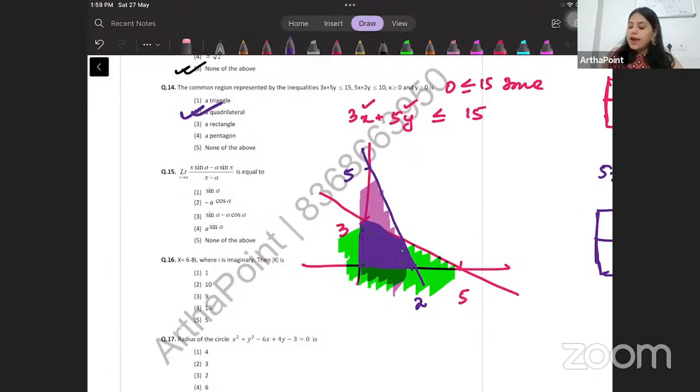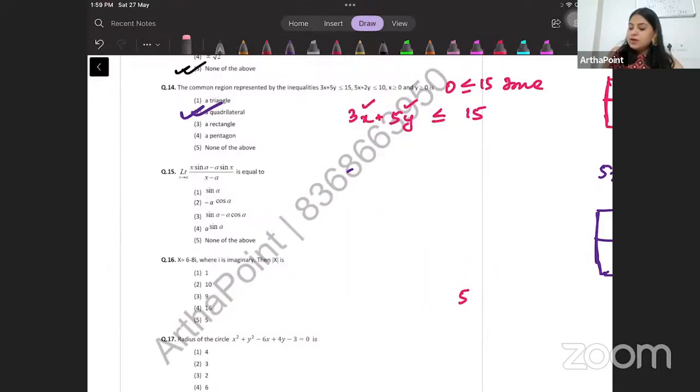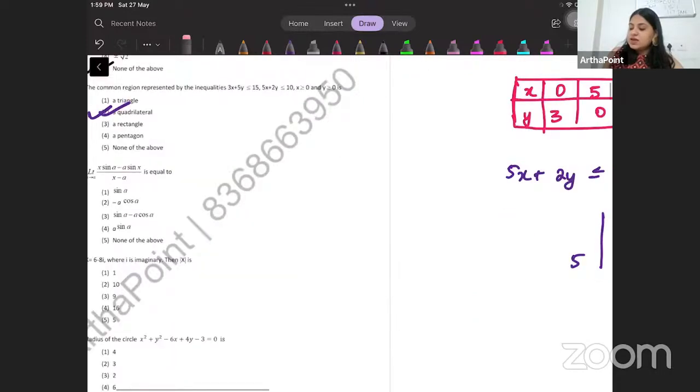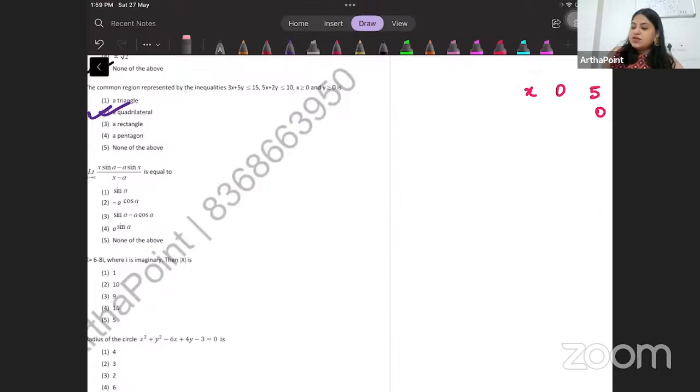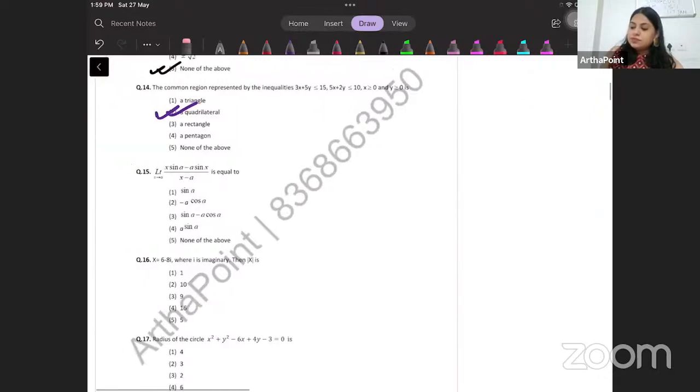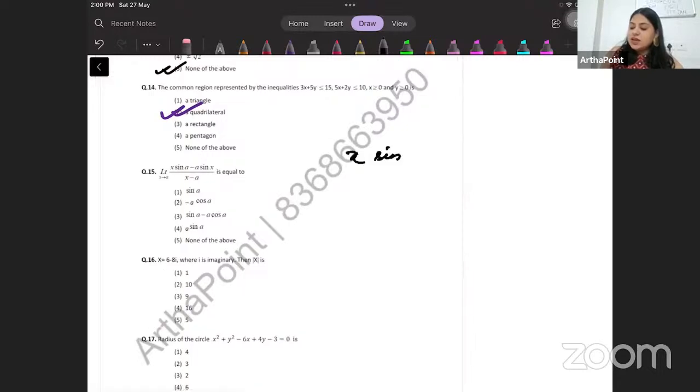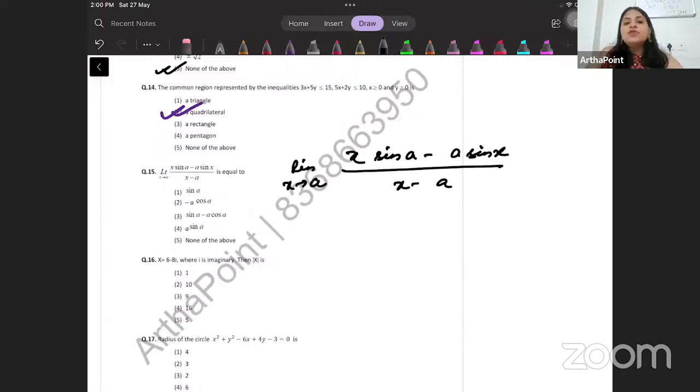Okay, let's look at the last question for today, beta. You need to find the limit as x tends to a of x sine a minus a sine x upon x minus a. Now, beta, if you directly solve this, you will get 0 by 0 form.